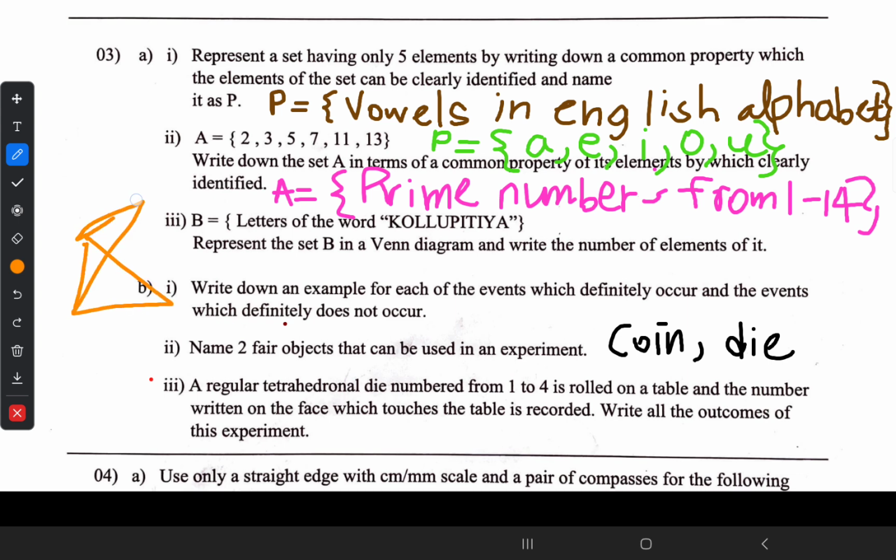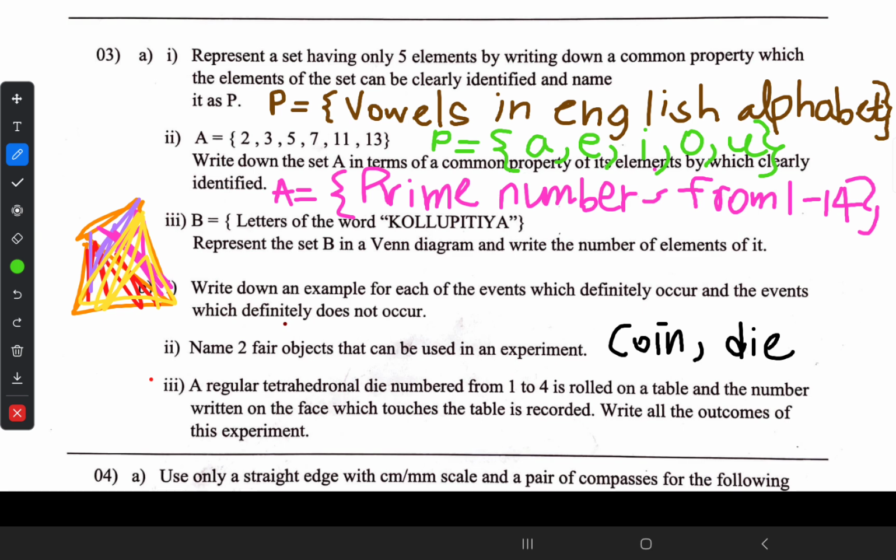Imagine that in 3D: below we have a face, on the left side a face, on the right side another face, and towards us another face. So totally there are four faces, numbered from 1 to 4. When you roll it on the table, the number on the face which touches the table is recorded.